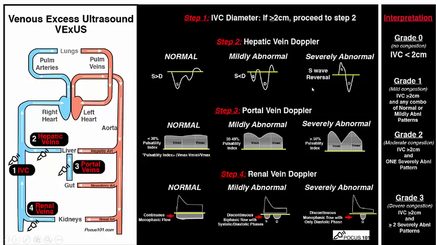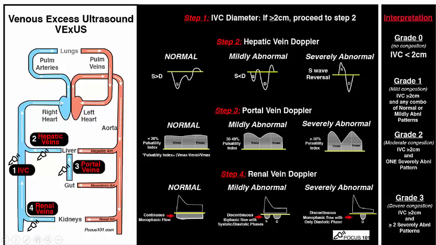As the first step, as in our patient, you will assess the inferior vena cava. If it is less than 2 centimeters, you will not apply the score. But if it's more than 2 centimeters, like our patient, you will apply the score.